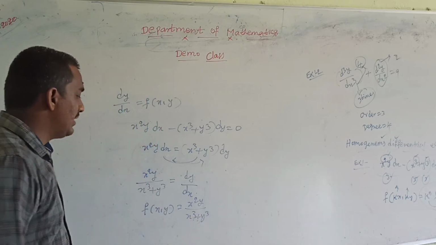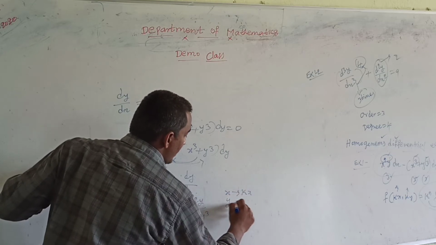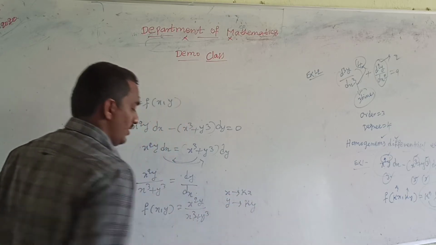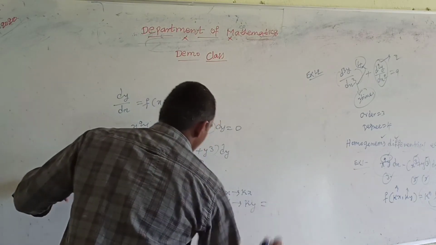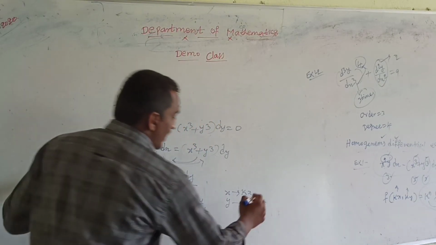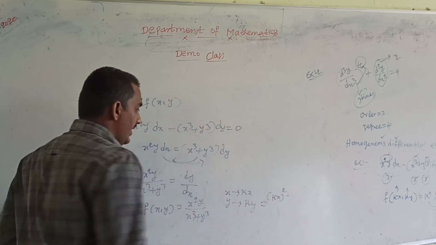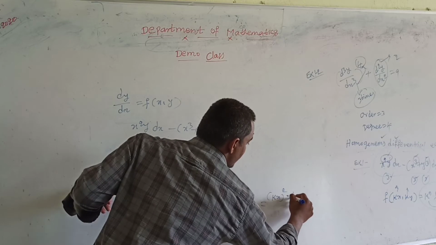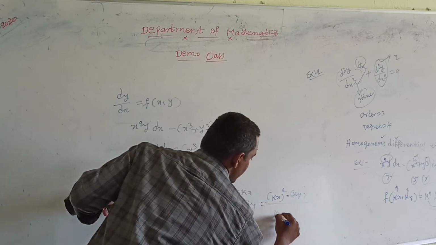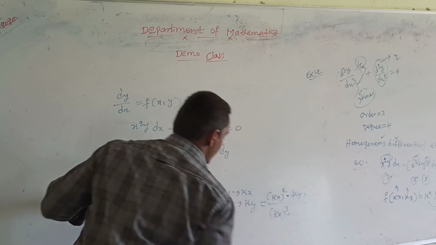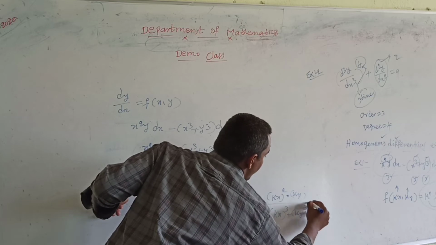I am substituting kx in place of x and ky in place of y. So I will solve. In place of x, kx whole square; in place of y, ky; and in the denominator, in place of x, kx whole cube, plus in place of y, ky whole cube.